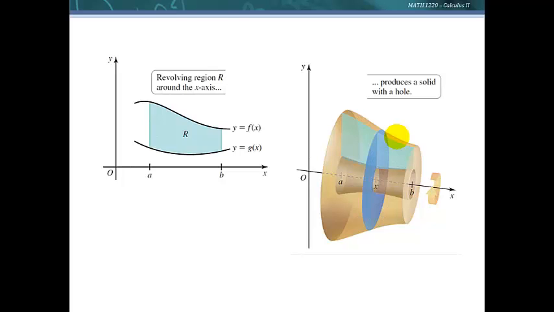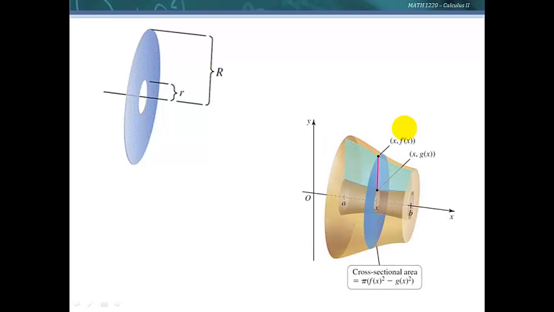So when we compute this, we could essentially think of finding this cross-sectional area of a disk and then find the area of the hole and subtract that off, and then we'll be able to multiply it by its little thickness. So we will call the big radius capital R, and then the little radius of the hole small r, and depending on how they were defined, which functions were which, we could use this to compute. If we look at this picture, and if this region, the upper function was f of x and the lower function was g of x, then we could take pi f of x squared, and that would be the area of the disk.